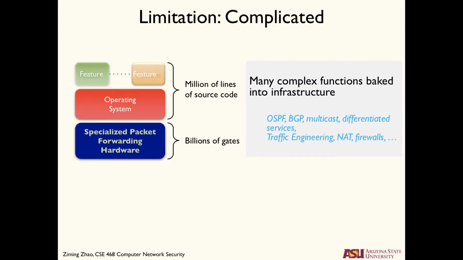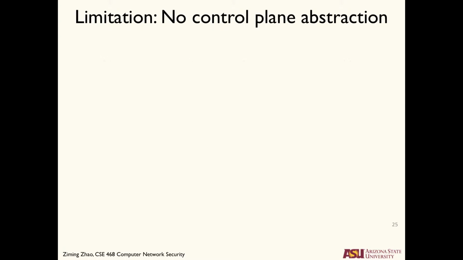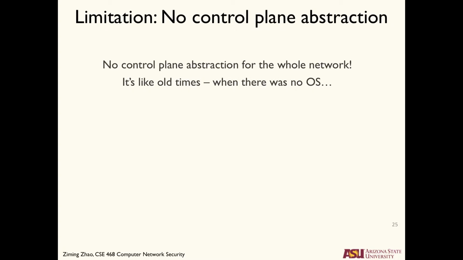And if you want to try a new protocol, you have to change all the switches to make each of them support your new protocol, which can be very, very difficult. So the reason this is difficult is the abstraction.